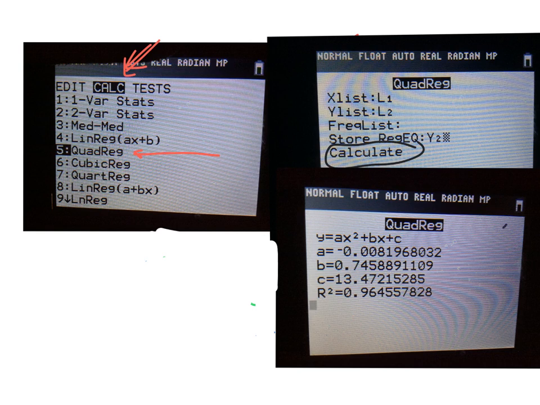And this is what your screen of the calculator should look like. Take a picture of this. And you notice it looks a little bit different than the linear regression does, because what we're trying to do is come up with a quadratic equation, a parabola that best fits our points.